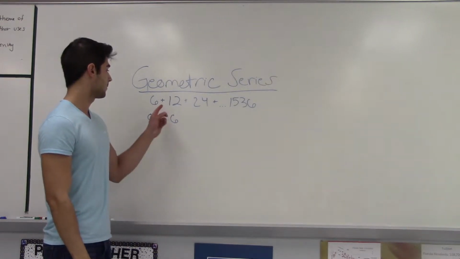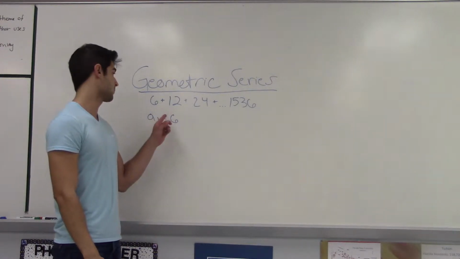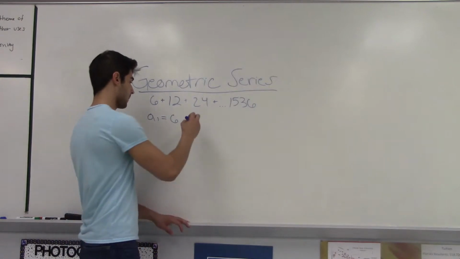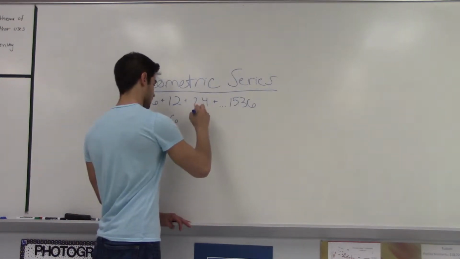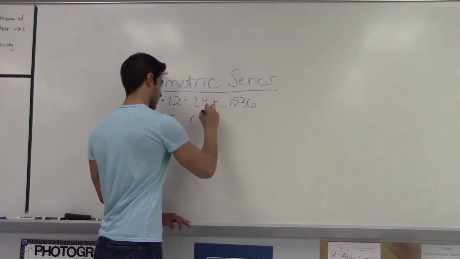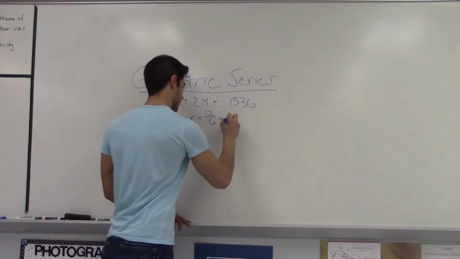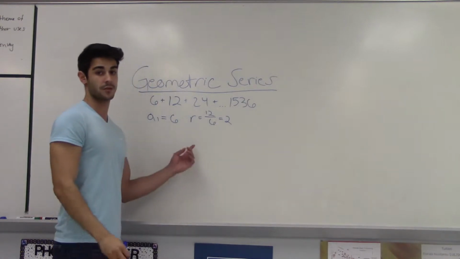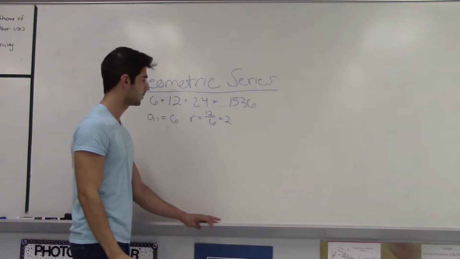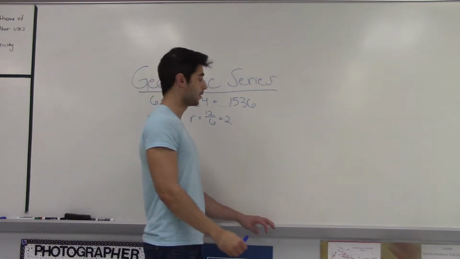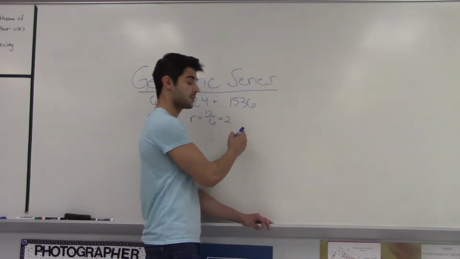We take the division of our first two terms, which would be 12 over 6. And this is our common ratio. And we know that our nth term is 1,536.